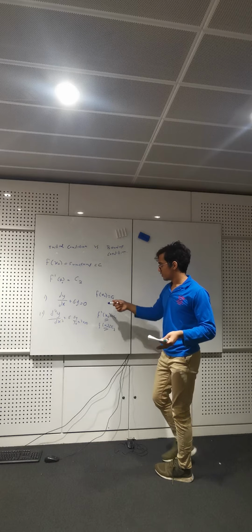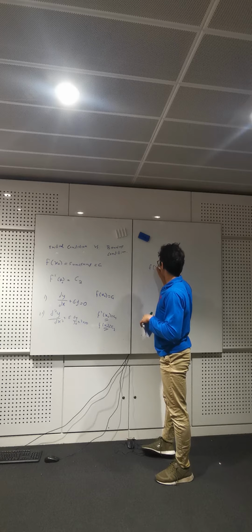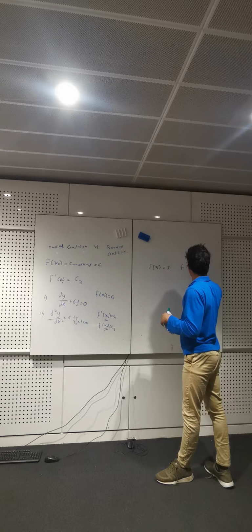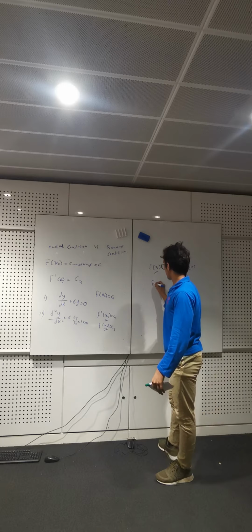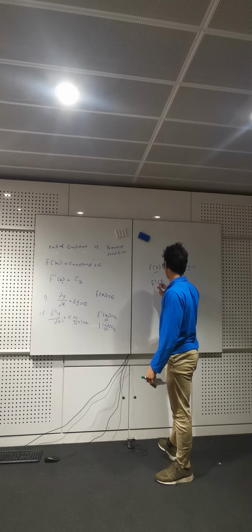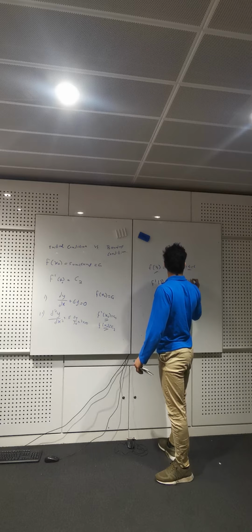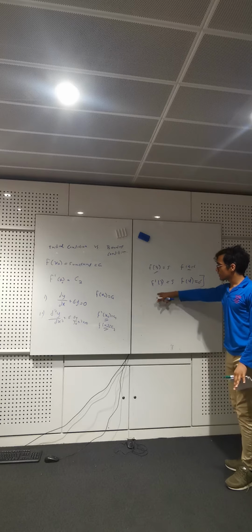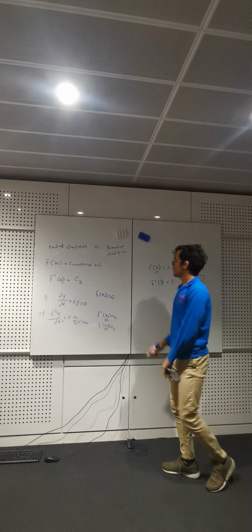An initial condition is evaluated at the same point; a boundary condition is evaluated at different points. So same point, initial condition; different points, boundary condition.